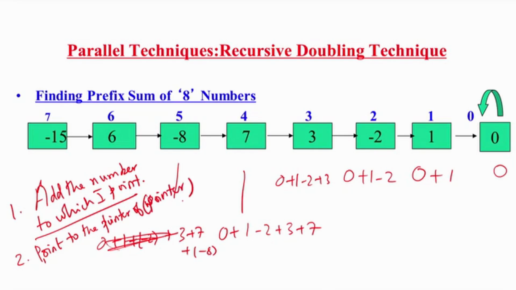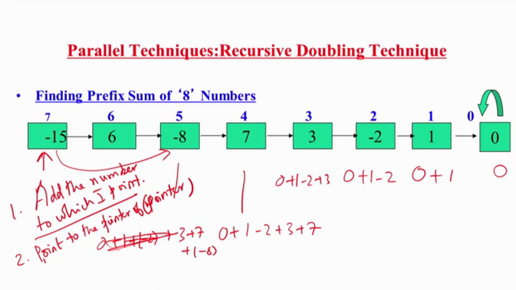For example, I will add 6 to minus 15, so that means you get minus 9, and it will now point to 5, pointer of pointer. So minus 15 is pointing to 6, 6 is pointing to 5. At the end of the first step it will now point to 5.